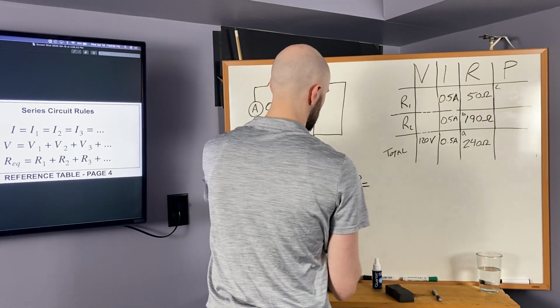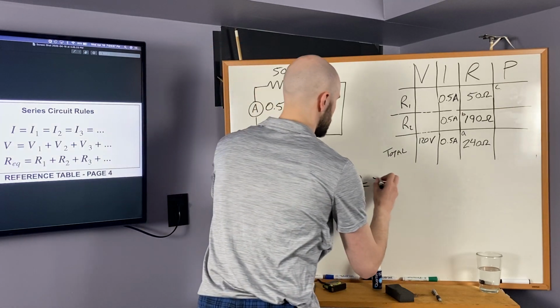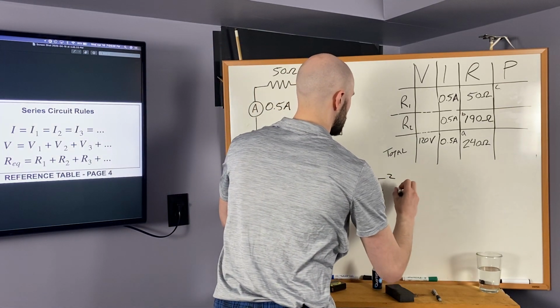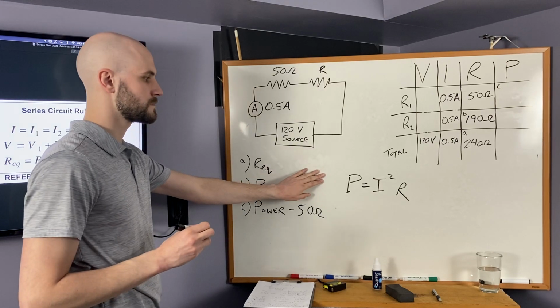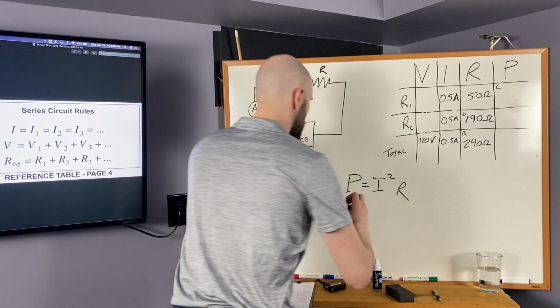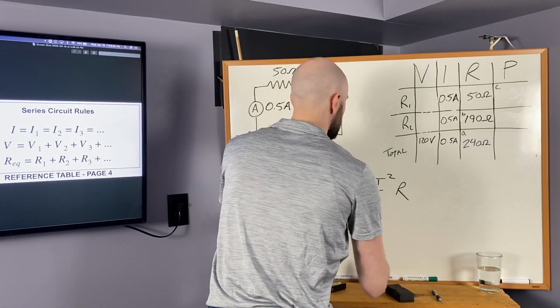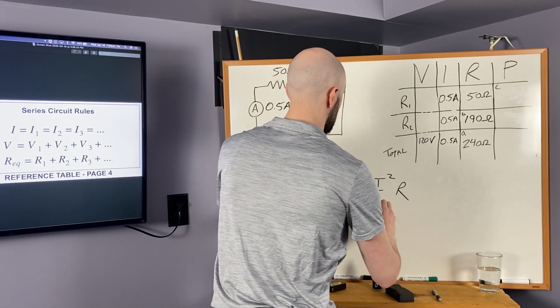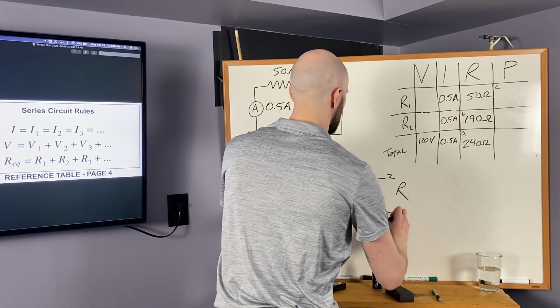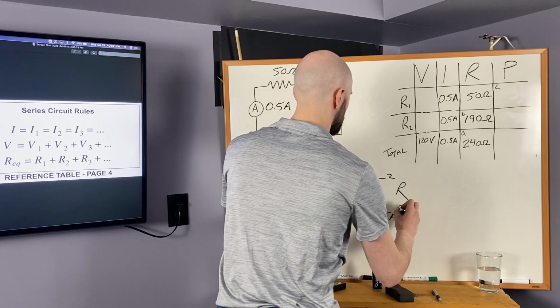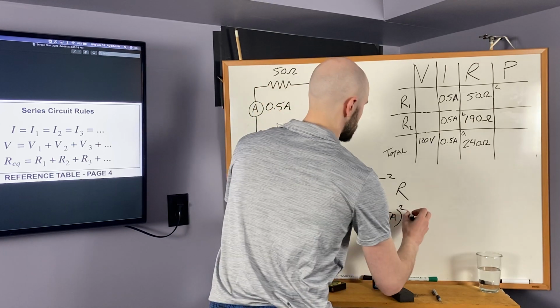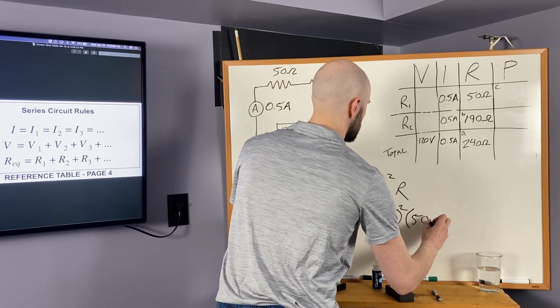One of the power relationships is I squared times R. P is equal to ½ amp squared times the resistance, which is 50.